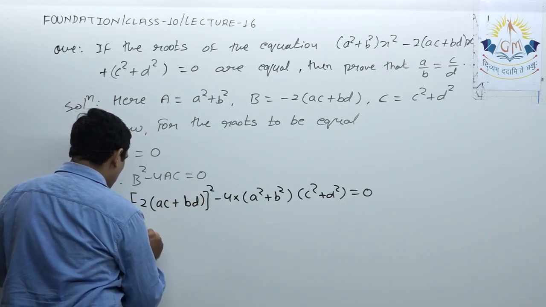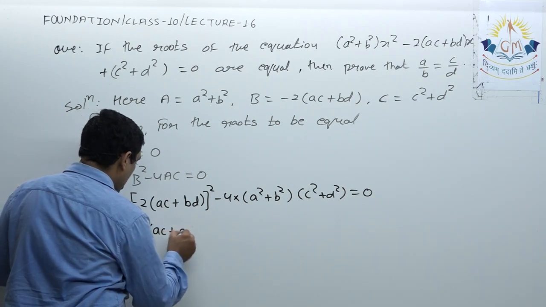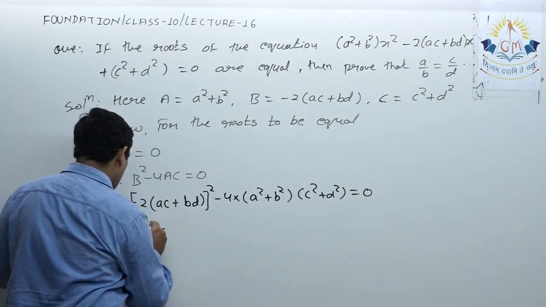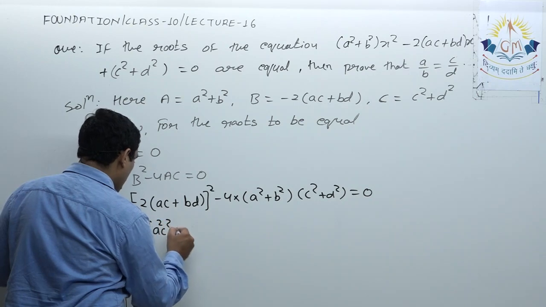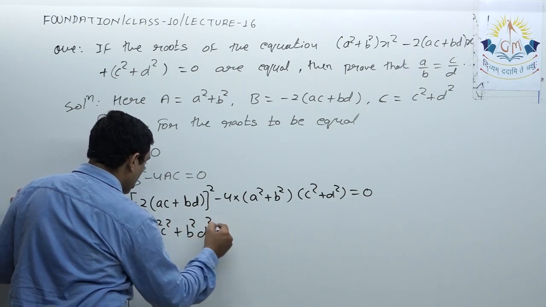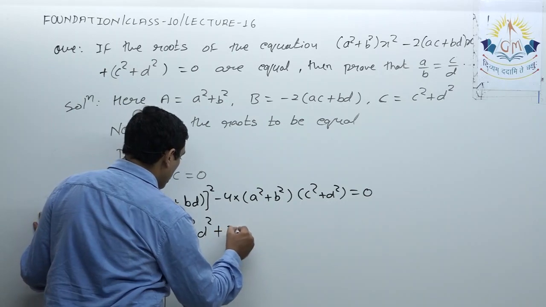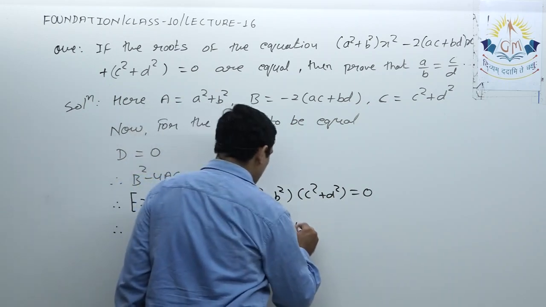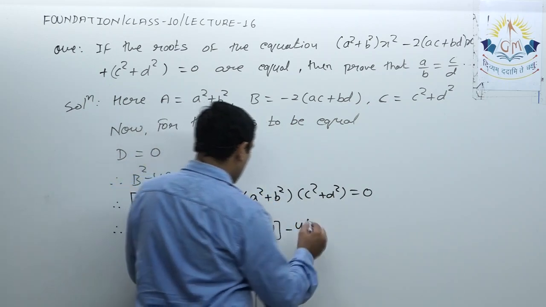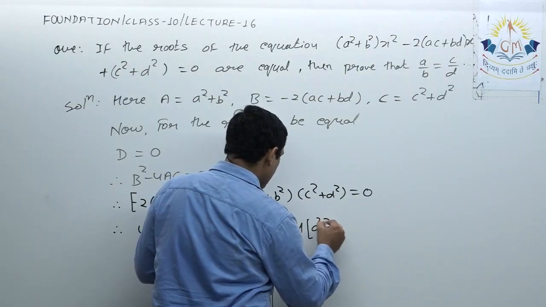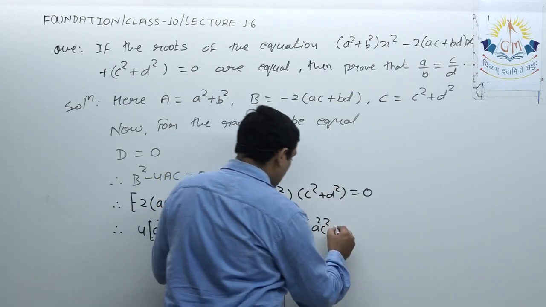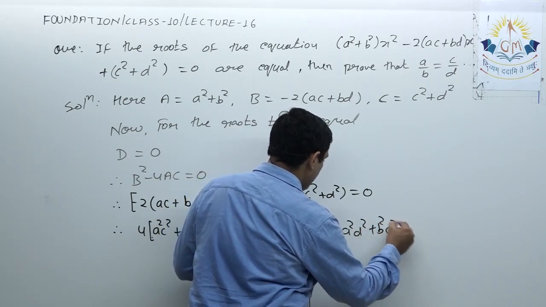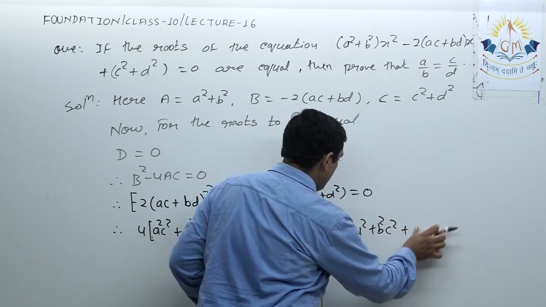So this will become 4(ac plus bd) whole square, or I can write directly 4(a square c square plus b square d square plus 2 into ac into bd) minus 4, over here it is a square c square, then a square d square, then b square c square, then b square d square.